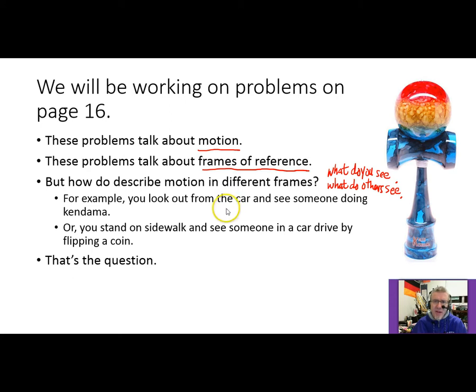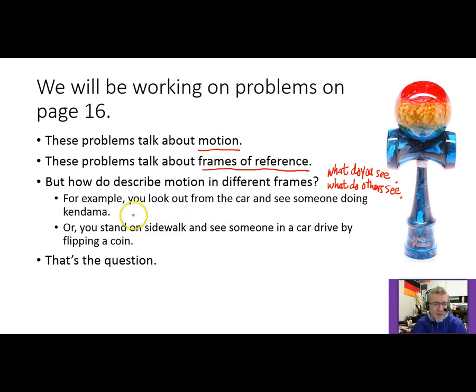They're just going past you as the car goes by. And so it looks like they're moving towards the back of the car because you're in the car and you're not moving, according to your point of view.